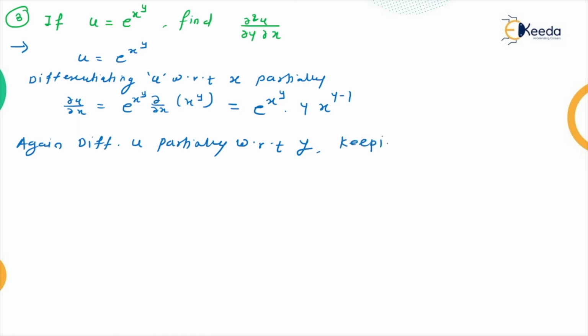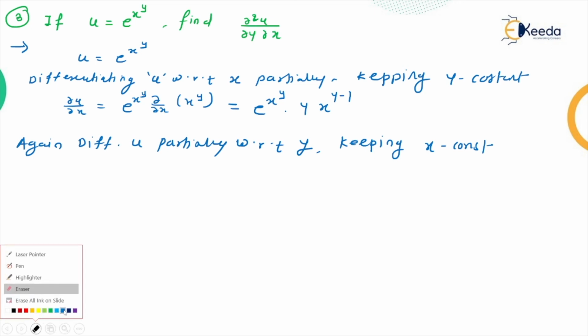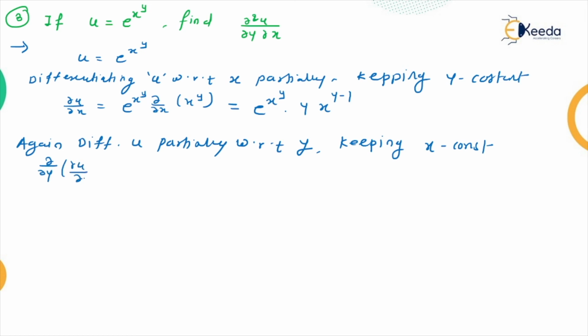Means we have to differentiate this ∂u by ∂x partially with respect to y. Therefore it becomes ∂/∂y of ∂u/∂x.